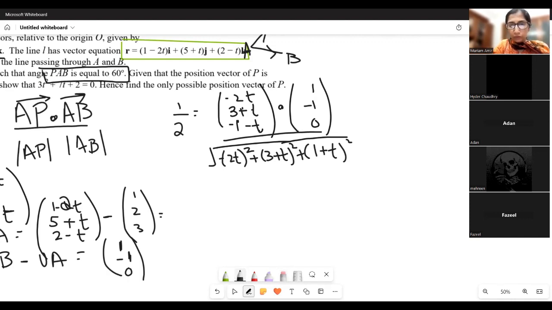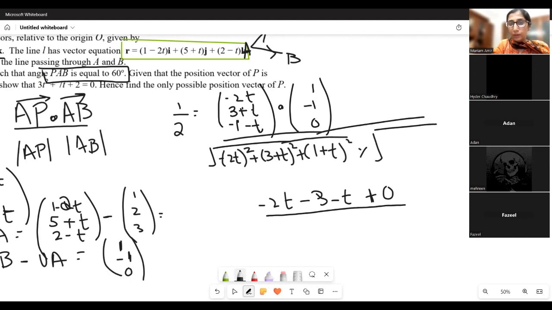So dot product first, we have minus 2t, then minus 3 minus t, and then plus 0, divided by, oh, I did not write the second magnitude, 1 square plus 1 square, which is square root of 1, which is just 1. So this can just be ignored. It's 1. Okay. So that's half here.